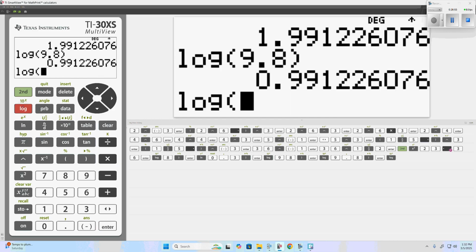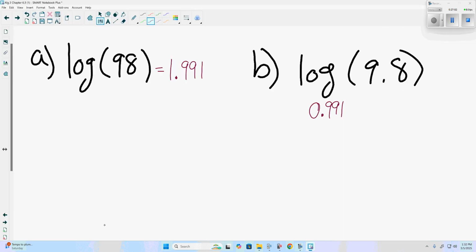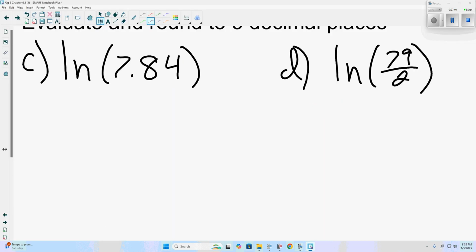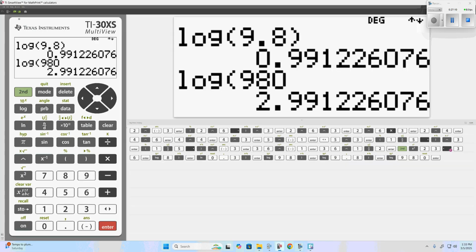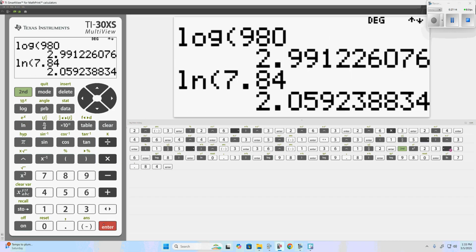Let's see what log of 980 is. 2.991. Natural log of 7.84. ln 7.84 is 2.059.